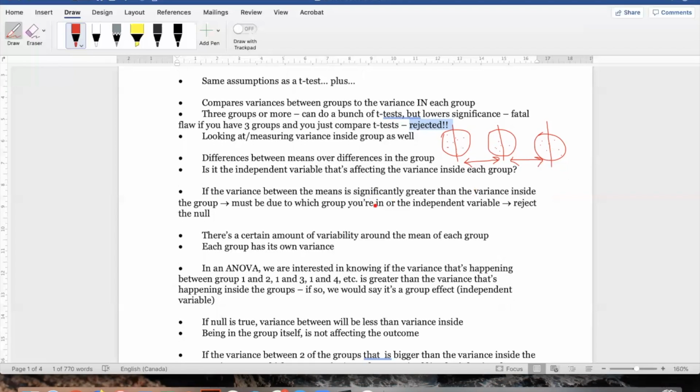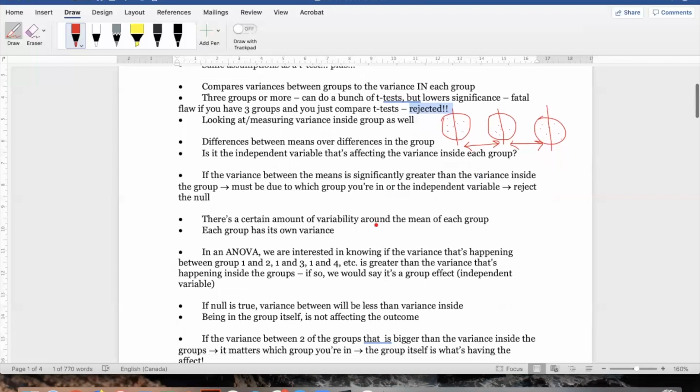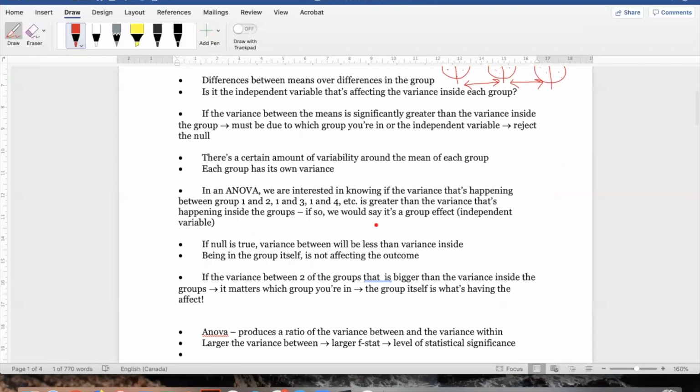So in an ANOVA, I'm just looking through the notes. We're interested in knowing if the variance that's happening between group 1 and 2, between group 1 and 3, and between group 1 and 4, no, it shouldn't be 4, sorry. It should be 1 and 2, 1 and 3, 2 and 3, etc., is greater than the variance that's happening inside the groups.